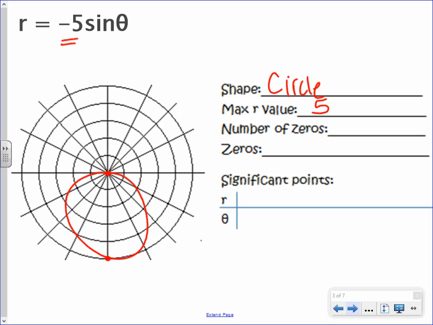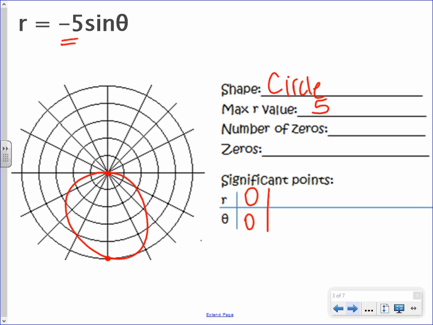Now, I have some other questions here for you. The number of zeros, the zeros and significant points. When you graph, I want you to get into the habit of plugging 0 in for theta. That's the first thing that you are going to do. Now, answer me this. When we plug 0 in for theta, what do we get for our R value? 0.